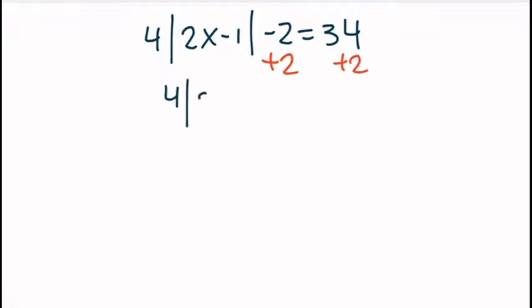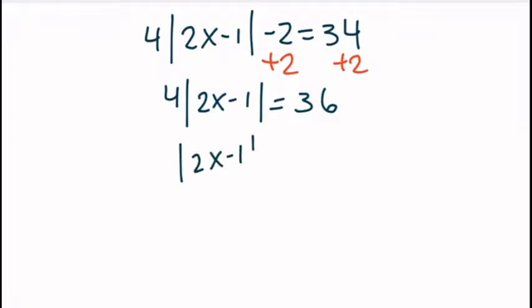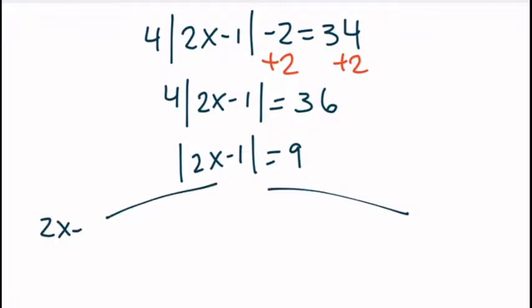So that would get us to 36. And now we divide by 4 on both sides, which would get us 2. And since the absolute value is now isolated, we can split it up into our 2 equations.